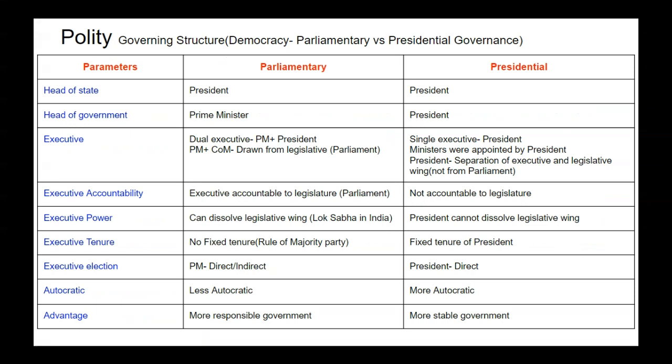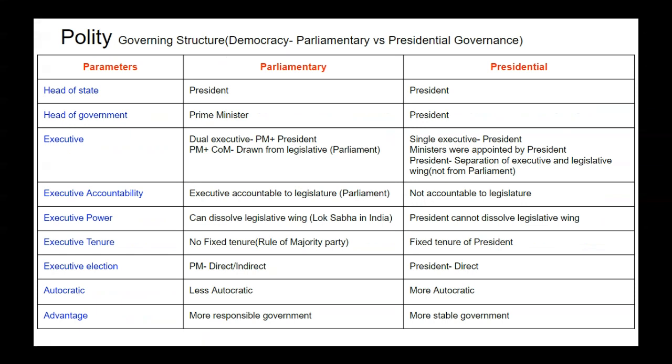There is a dual executive: one is prime minister and another one is president. In presidential system, there is a single executive, the president, and ministers are appointed by the president. They are not drawn from parliament. They can be technical experts or any member.